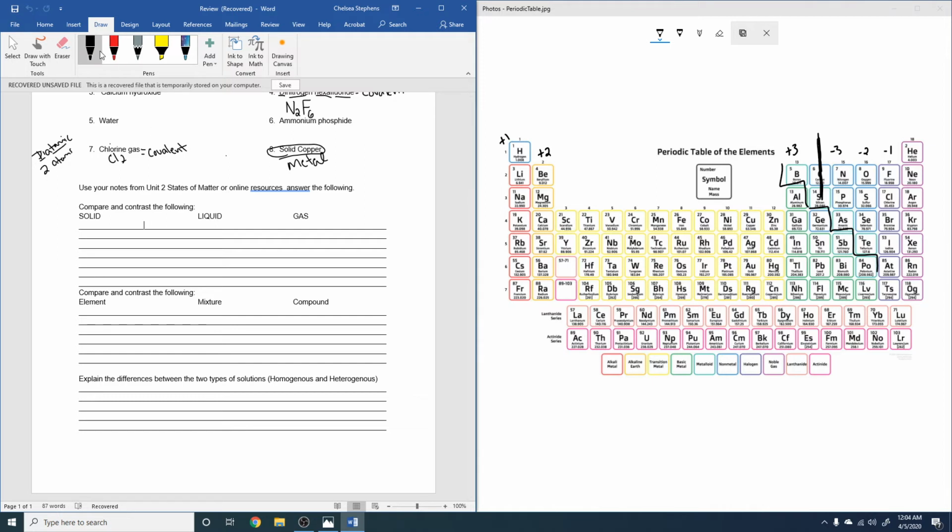So compare and contrast the following. I don't care how you do this. If you want to do it with pictures, you can. If you want to do it with words, you can do that too. I'm gonna do it with pictures. So our solid, it's really asking like, what are the molecules doing? So our solid molecules are super, super tightly packed, right? Like this.